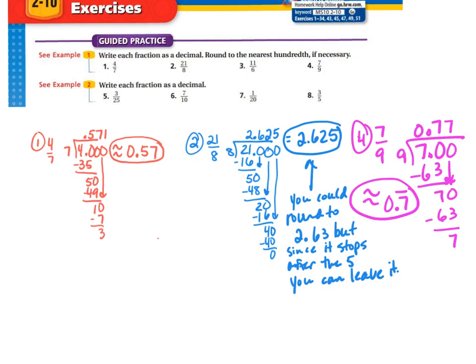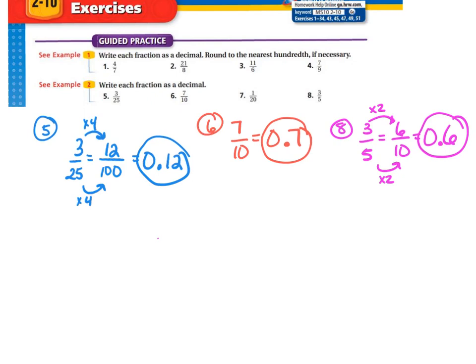If you round to the nearest hundredth, it would be 2.63, but it said if necessary, and since it ends after the 5, that's not necessary, but either answer would be correct. And number 4, 7/9 is a repeating decimal, 0.7 repeating with the line over the 7. If your answers are different, go ahead and pause it and look at the work here and figure out where your error is occurring.